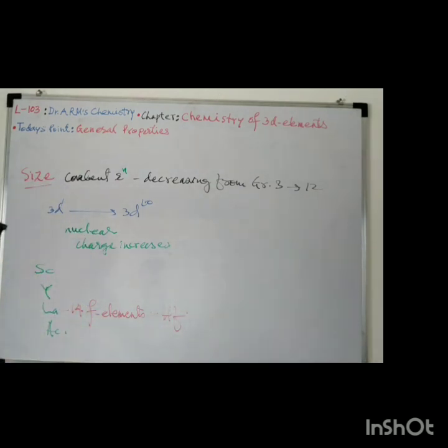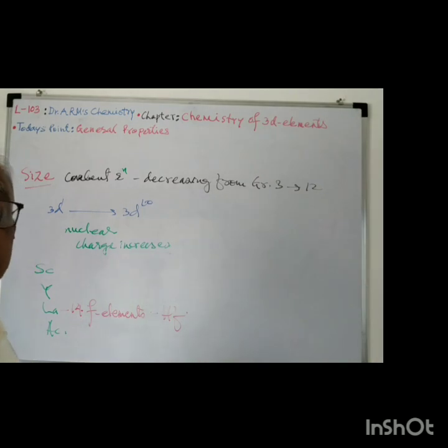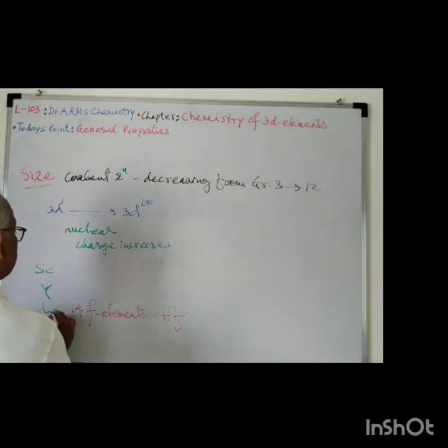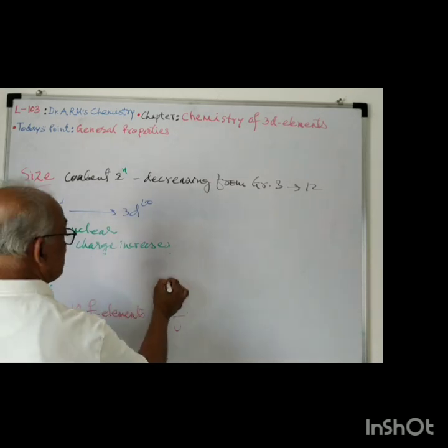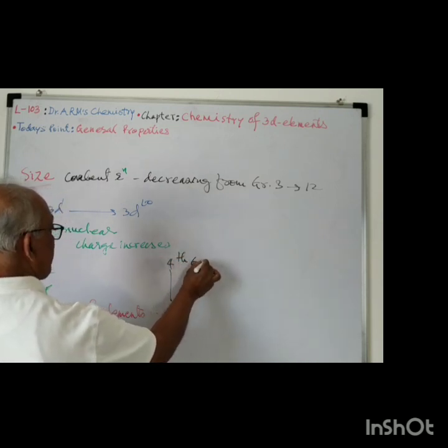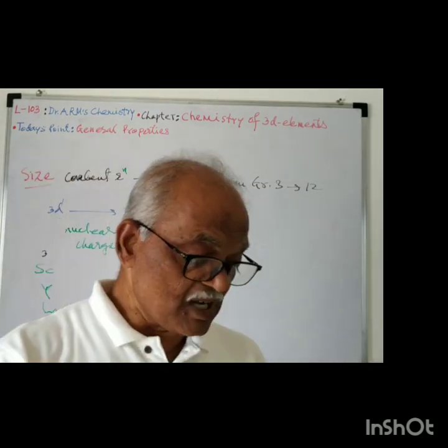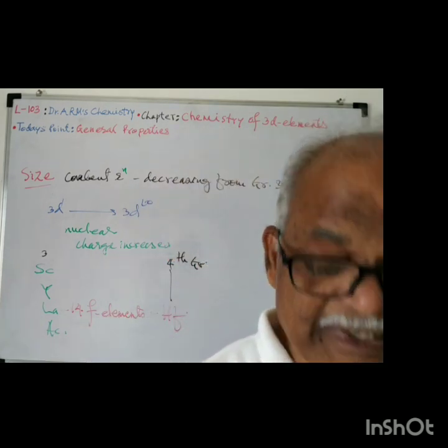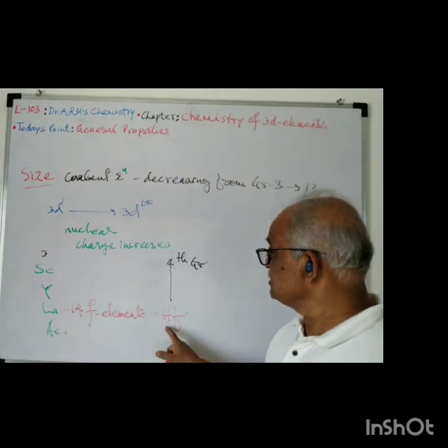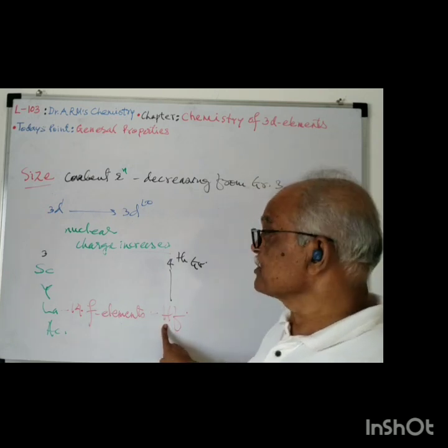The nuclear charge increases here, but the electrons are entering the f subshell. Lanthanum is in the third group, and hafnium is from the fourth group. Between these two elements, 14 electrons are placed in the f subshell, and the next electron goes into the d subshell.